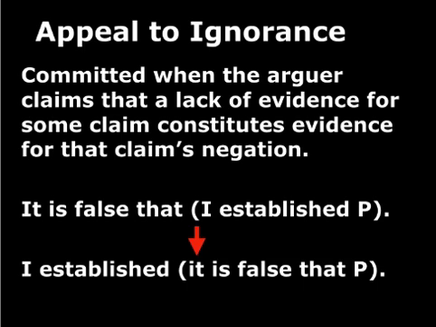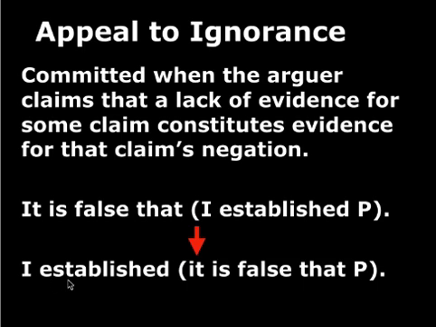So for instance, suppose I flip a coin, and then I just don't look at it. And suppose P is, the coin is heads. It might be that it's false that I established the coin as heads. Maybe I just haven't looked at it yet. So I haven't established one way or the other, but I have not established that the coin is heads.